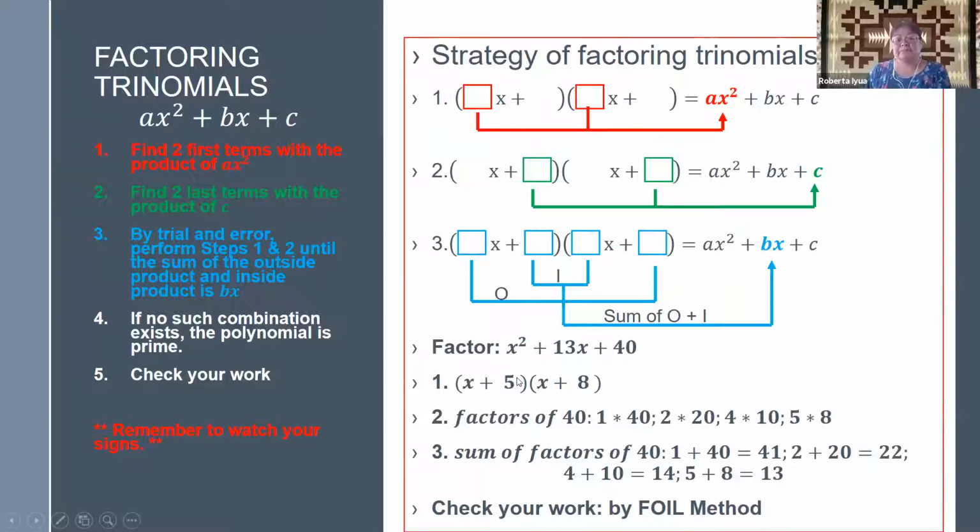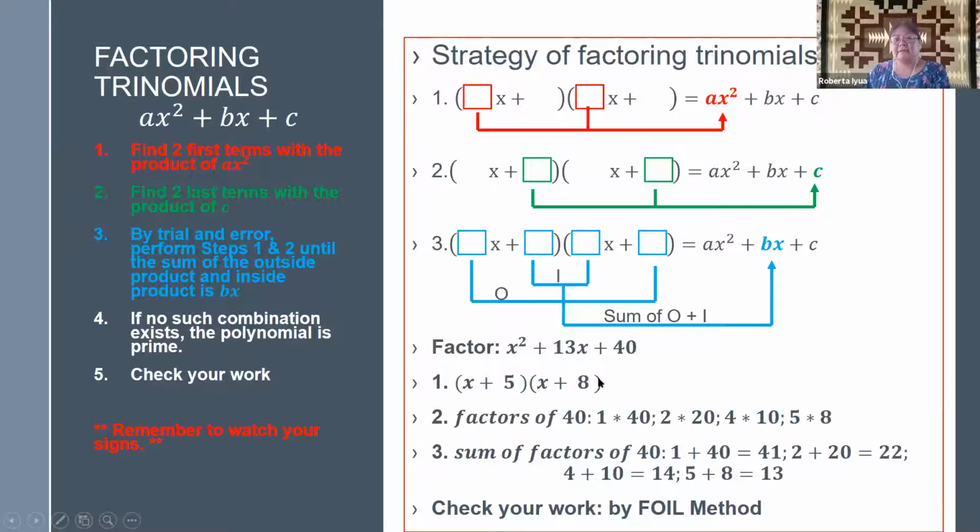So here, I set up my parentheses with the x's first, because I only had a coefficient of 1 on the x squared. So x squared, x and x of each binomial.